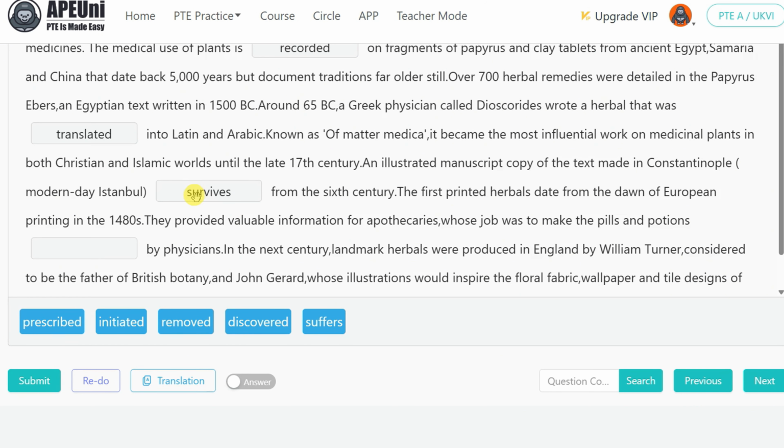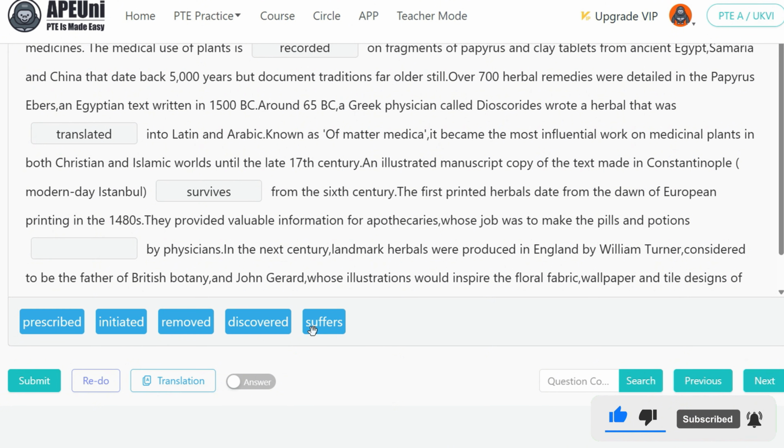Make sense? So why are we not choosing removed, discovered, and suffers? Removed means taken away, but the sentence discusses an existing manuscript, right? So it is not a right option. Then we move to discovered. Discovered means found, but the sentence is not about finding anything, it's about an existing document.